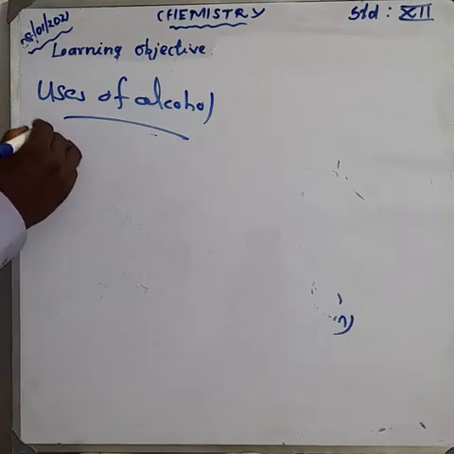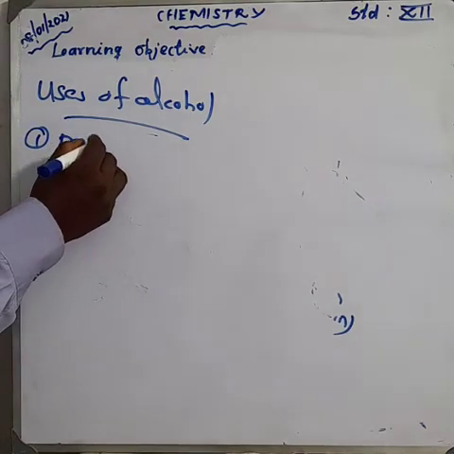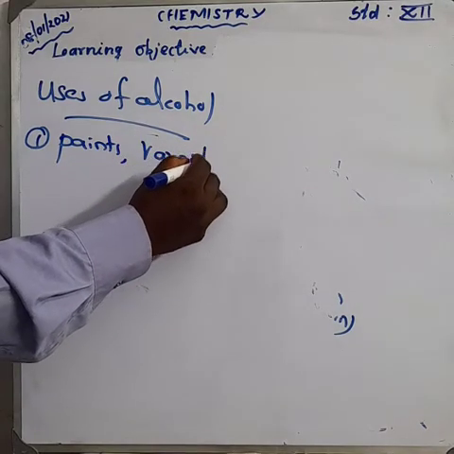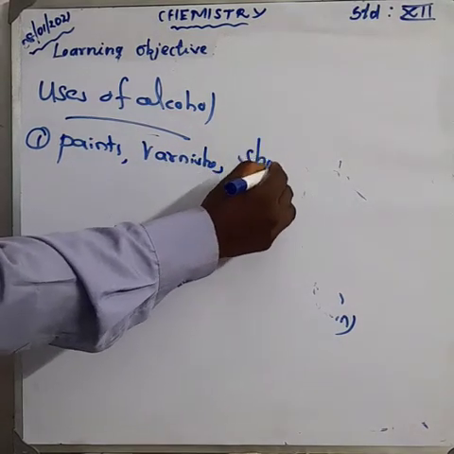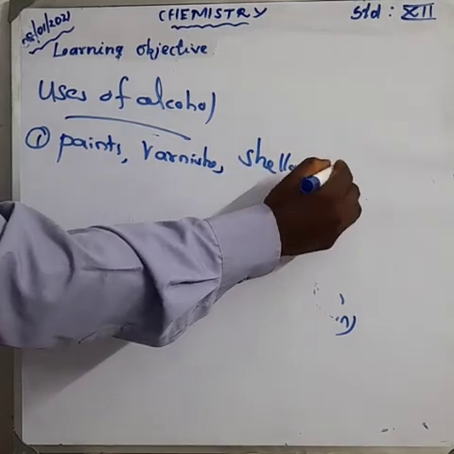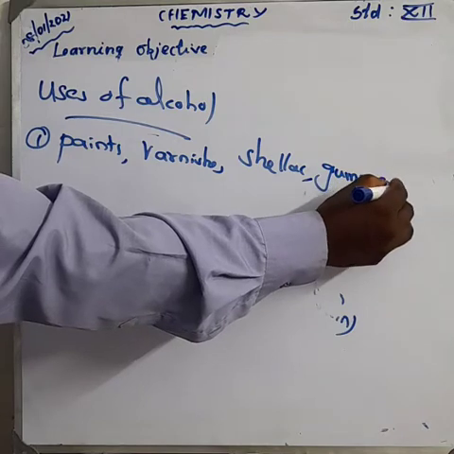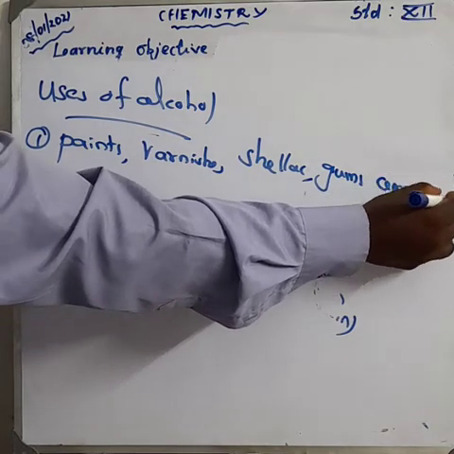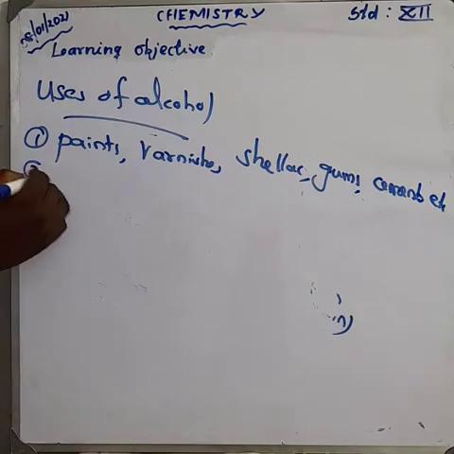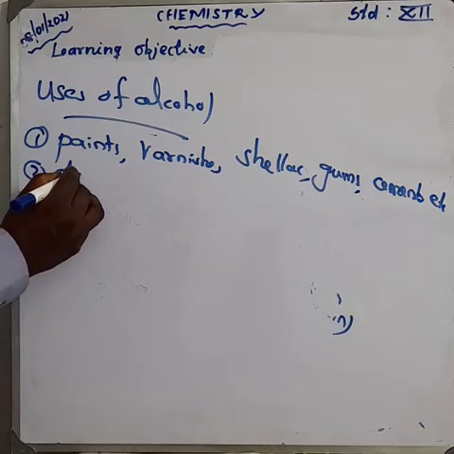Methanol is used for paints, varnish, shellac, gum, cement, etc. These are the uses of methanol, and it is also used for drugs.